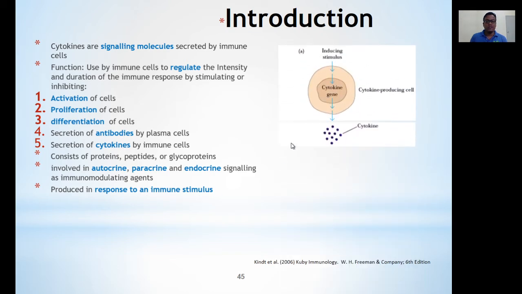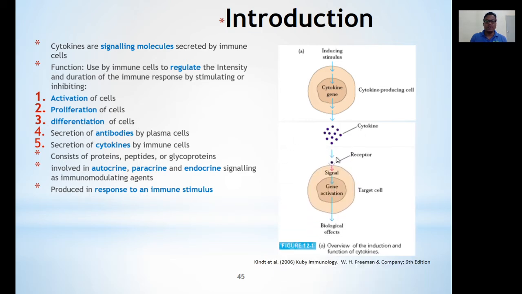We can observe here the inducing stimulus, which will stimulate the cytokine-producing cells to produce cytokine, and the cytokine produced will be received by the target cells.